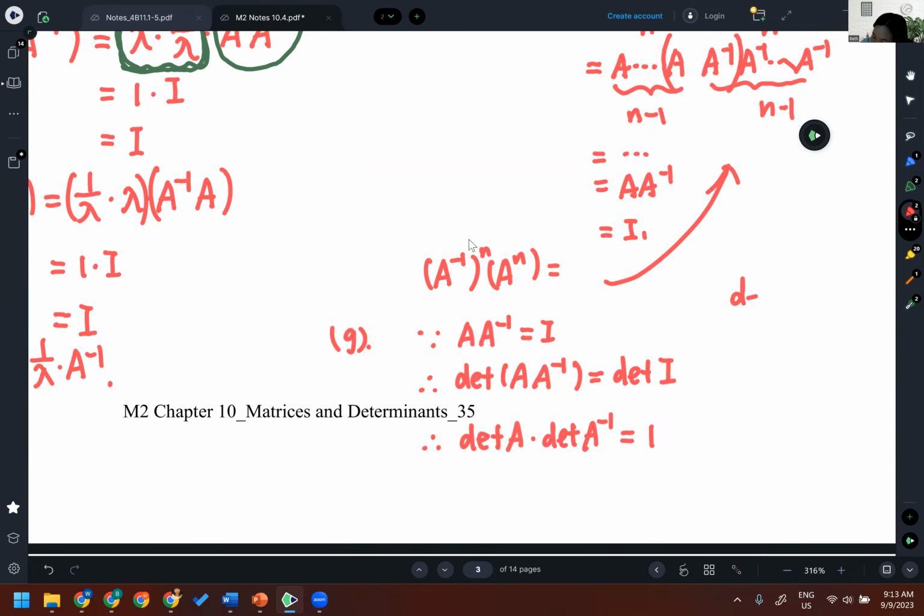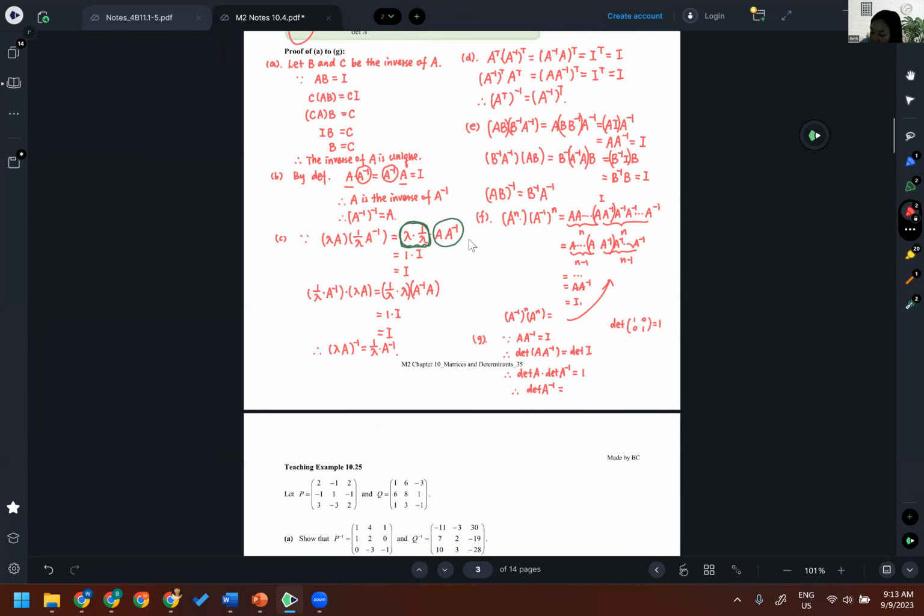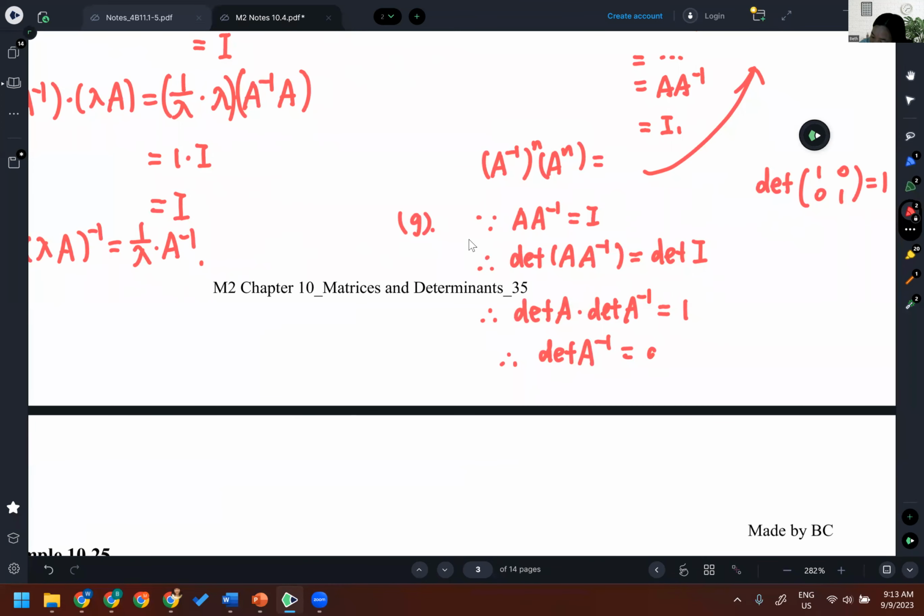Now, remember determinant of I equal 1. So this is 1. Therefore, determinant of A inverse and determinant of A are inverse of each other. In numbers, we call them reciprocal.